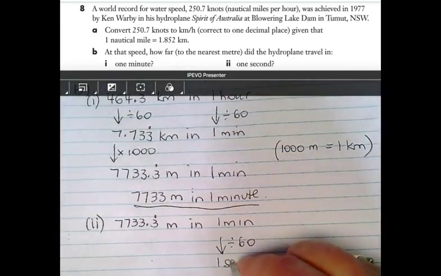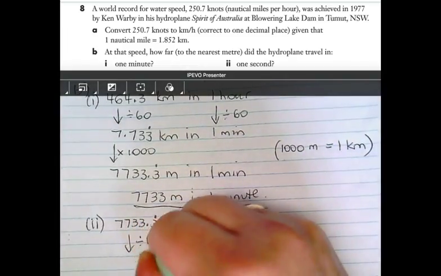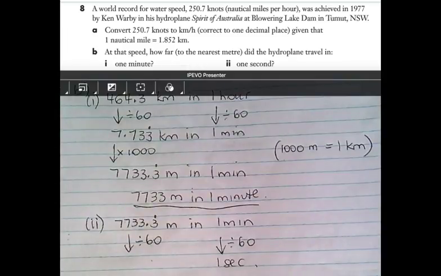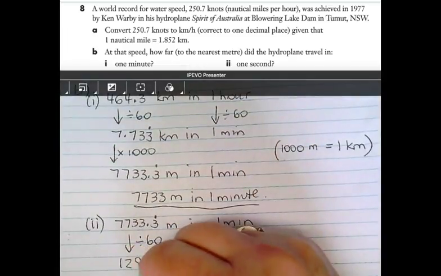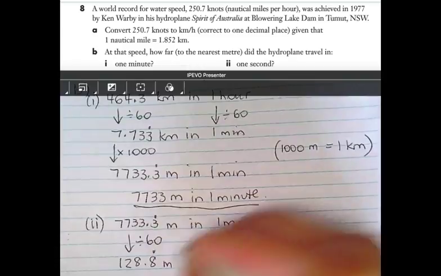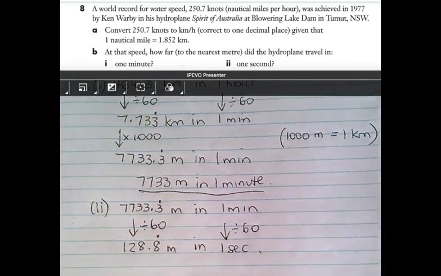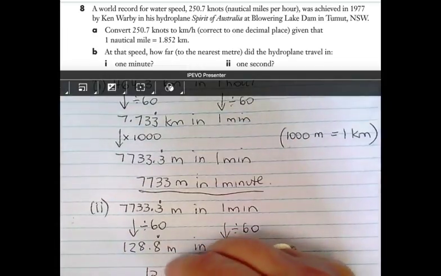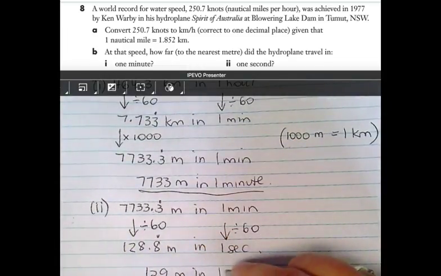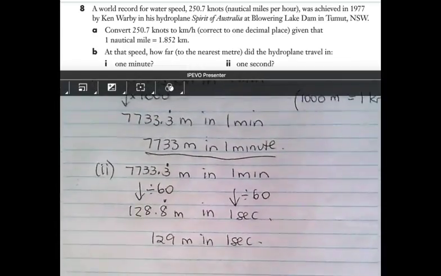So I divide by 60, and I get 128.97 recurring metres in 1 second. If we want that to the nearest metre, that would be 129 metres in 1 second.